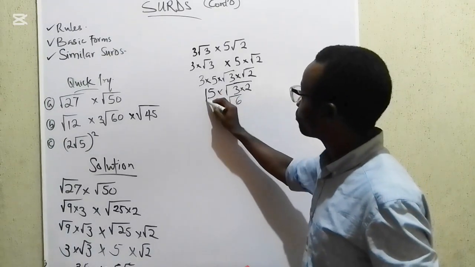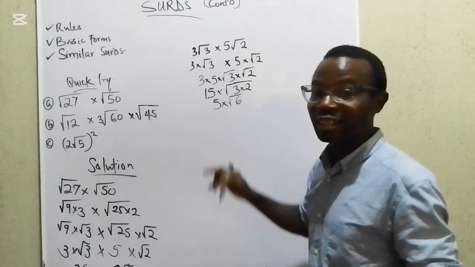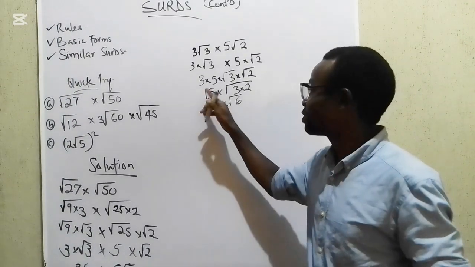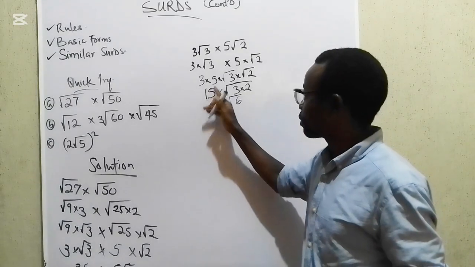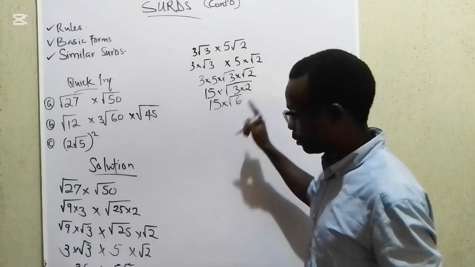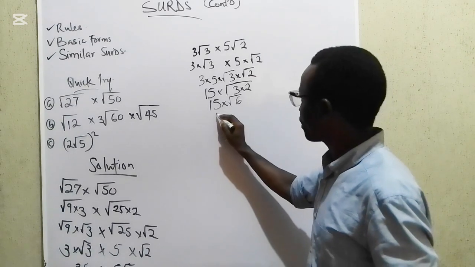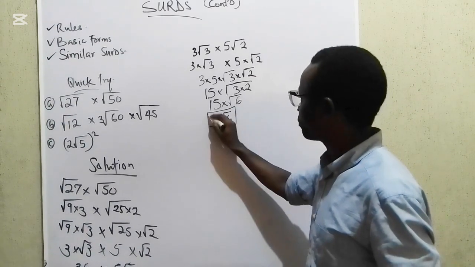Sorry, 3 times 5 is 15. Pardon, humans make mistakes. Can you see how we make mistakes? So 3 times 5 is 15, and 2 times 3 is 6. So what we have eventually is 15 root 6 as the final simplification.